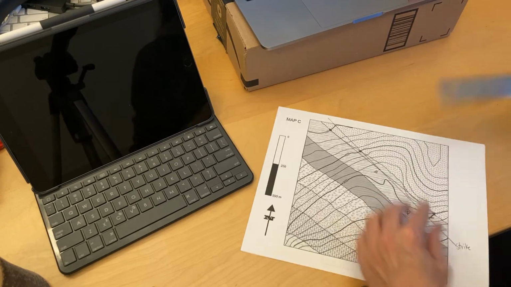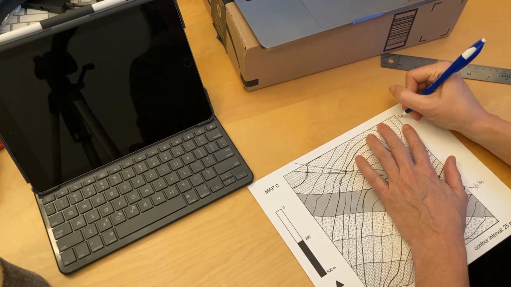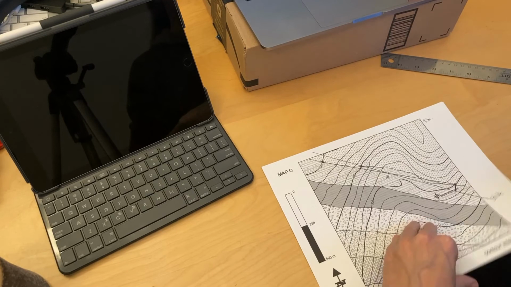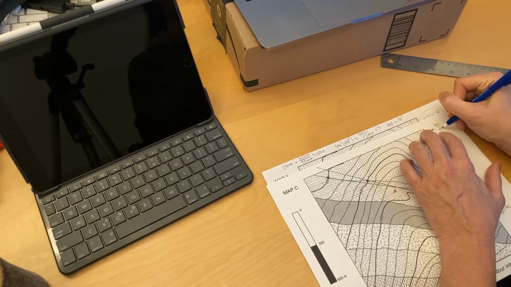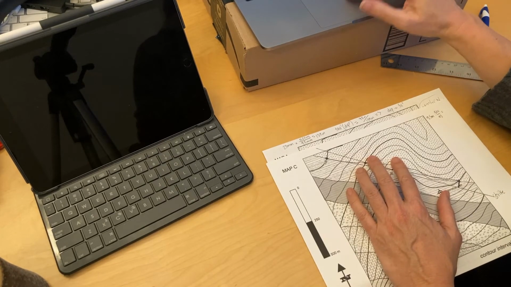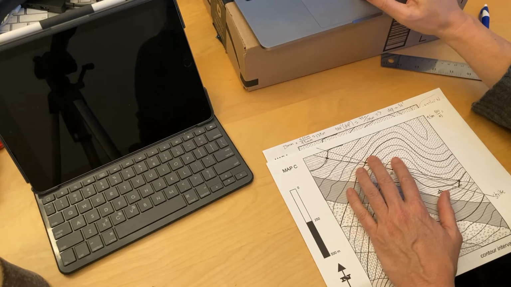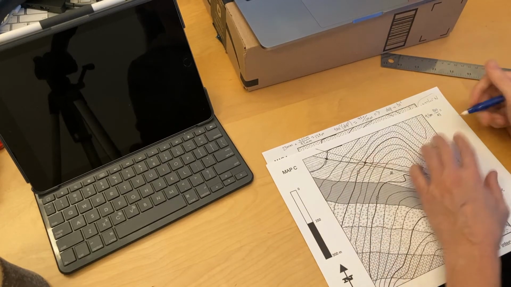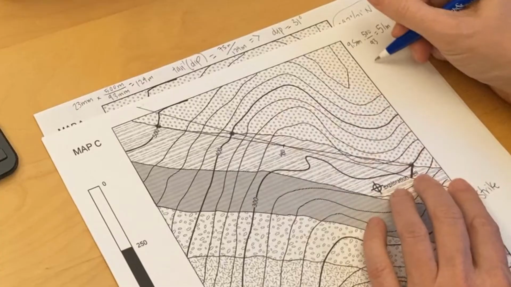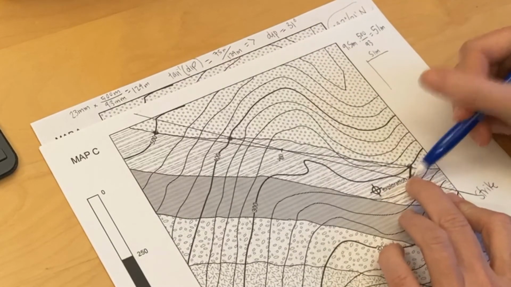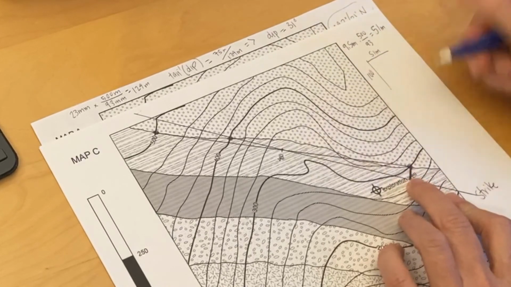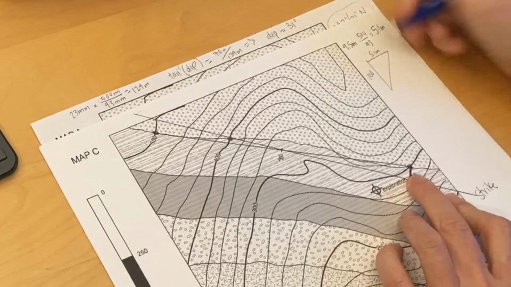It's 9.5 millimeters. 9.5 millimeters times, what was our conversion factor? 500 over 93 is 51 meters. So in this case, I've got 51 meters at my 400 meter line and 100 meters down to my 300 meter line. Whew. Dip.